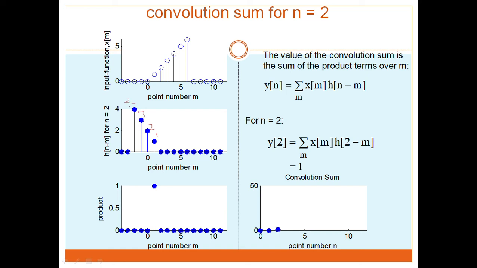You multiply this one, 0, 0, 0, but 1 here is multiplied by 1, 2, 3, 4, 5, 6. 1 multiplied by 1, you get 1 here. So for the first shift, n equals 2, the convolution sum is 1.